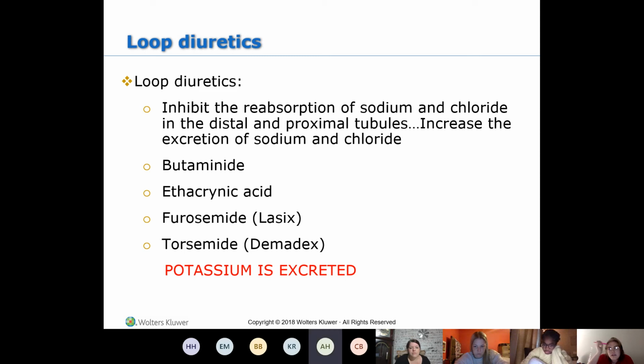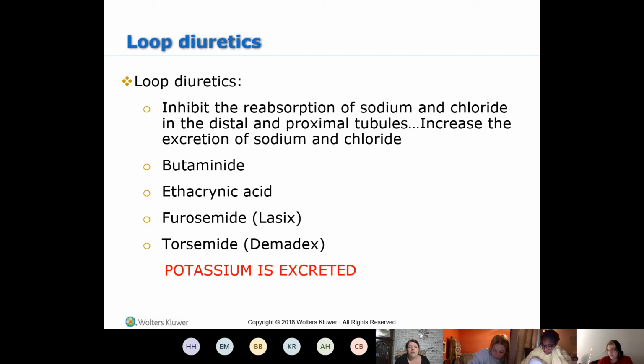Their potassium levels? We are absolutely monitoring their potassium levels if they are on a loop diuretic, because we are getting rid of the potassium. And then we're also going to be looking at their sodium and chloride levels, right? But if we're excreting potassium, then we're going to be monitoring it.